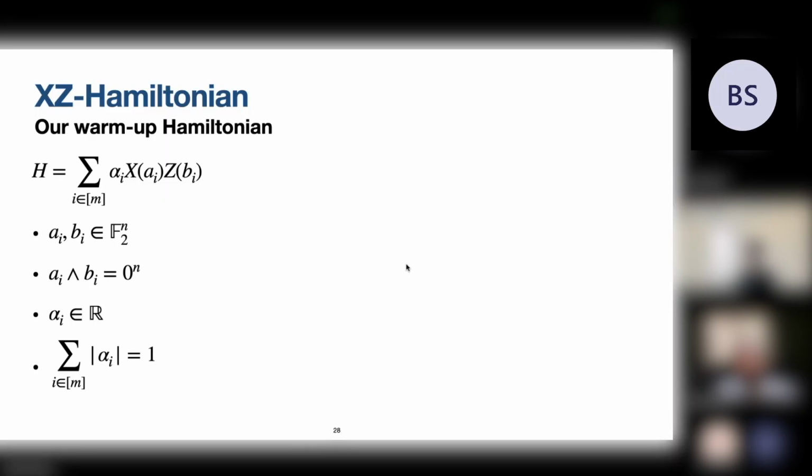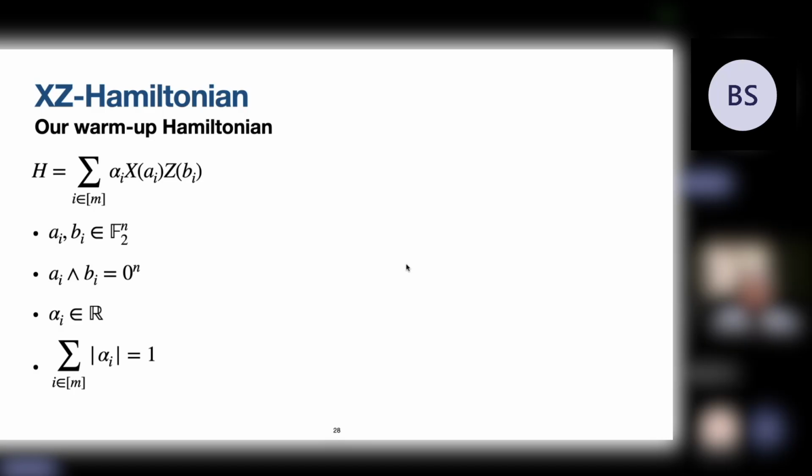So apparently we first need a complete problem. For us, we are going to choose this Hamiltonian, which is a summation of polynomially many XZ terms. This Hamiltonian is QMA complete if the gap is 1 over polynomial.